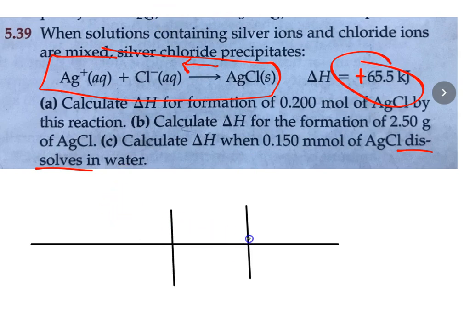Already in moles, so I just need 1 picket fence, right? So it is 0.00015 moles, and I got that because it's millimoles divided by 1,000, or the decimal 3 places. All right.